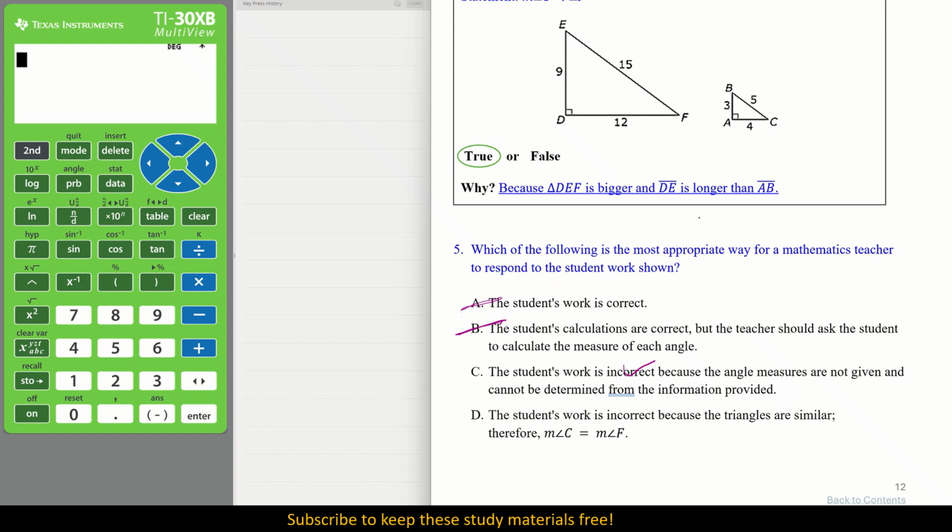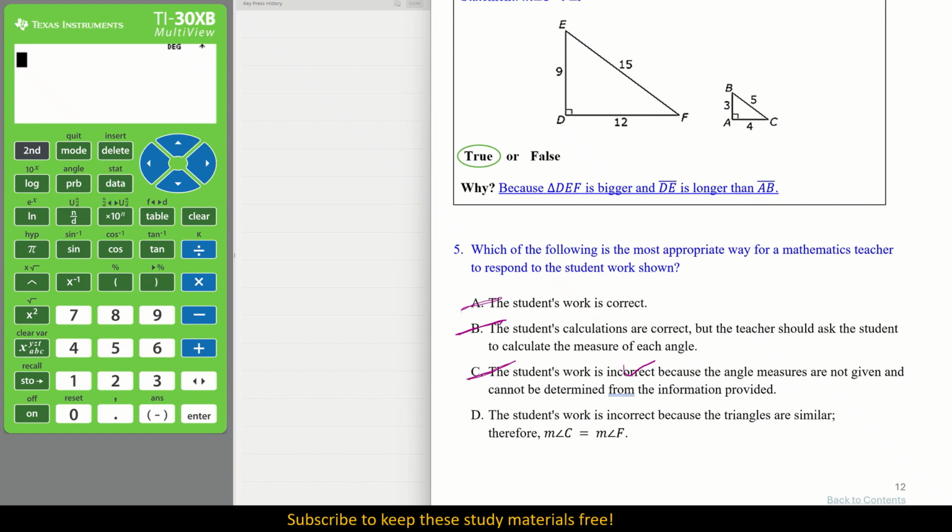But what is incorrect about it is what it's saying cannot be determined. Well, you can determine them. If you know the process of how to get the angles, you can use the formula to determine them. There is a way to get those measures. I do it all the time. In fact, I have them memorized because I learned how to calculate them. So I don't like C. I don't like that at all.